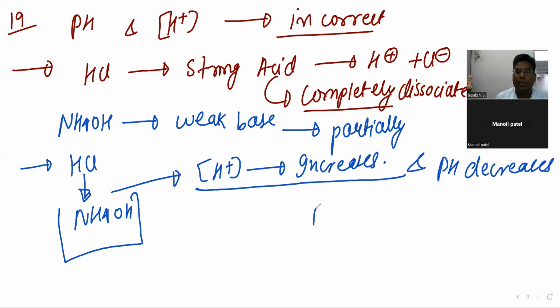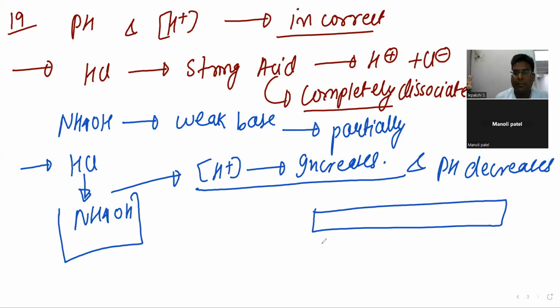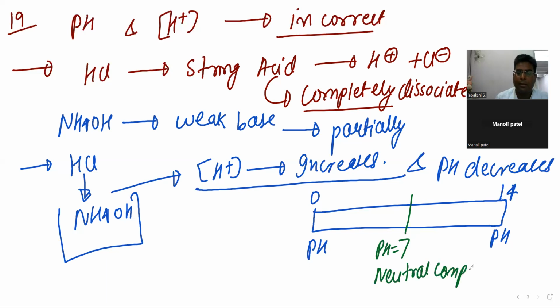I will tell more about pH. Suppose this is your pH scale, starting from 0 and ending at 14. Here it is 7. A pH of 7 means it is a neutral compound. When pH lies between 0 and 7, it is called an acidic compound, and when it lies between 7 and 14, it is a basic compound.